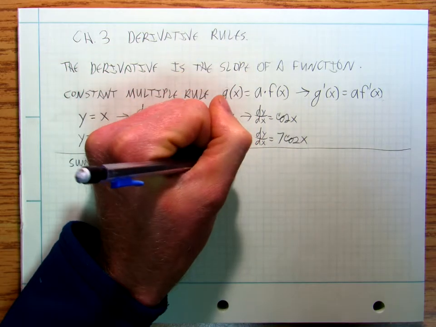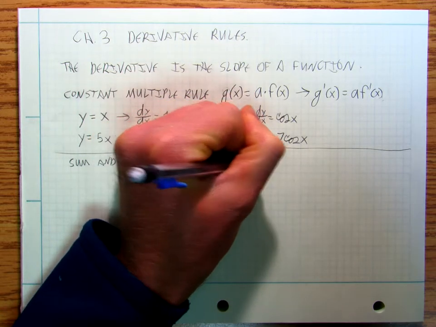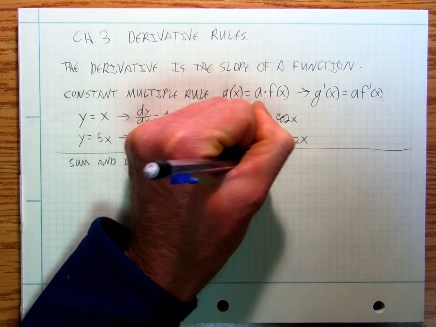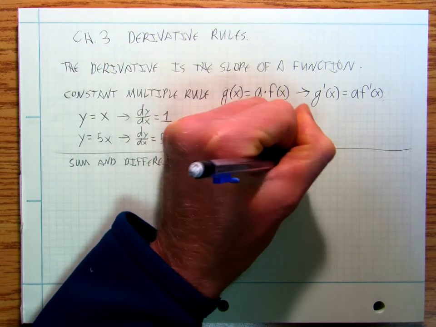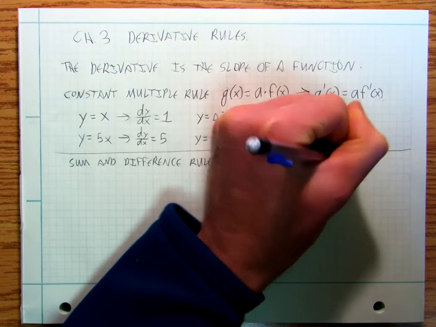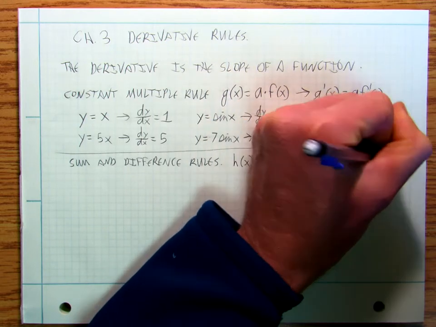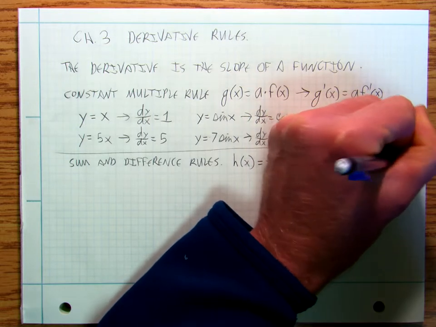And that's just that if h of x is equal to f of x plus g of x, then h prime of x is equal to f prime of x plus g prime of x.